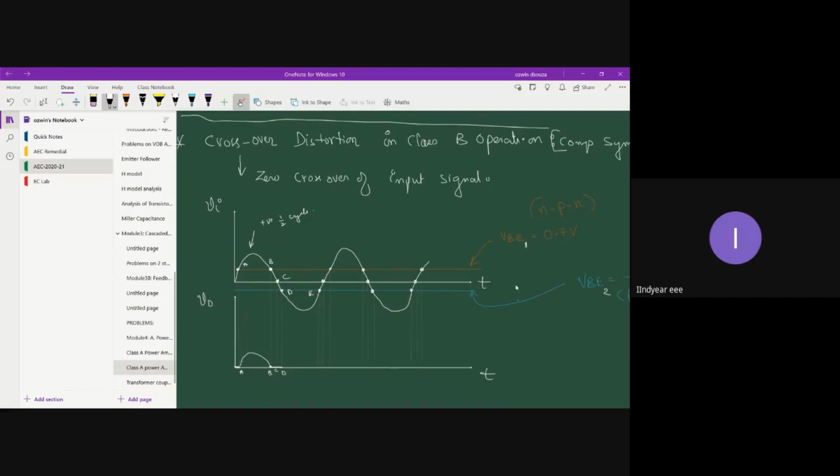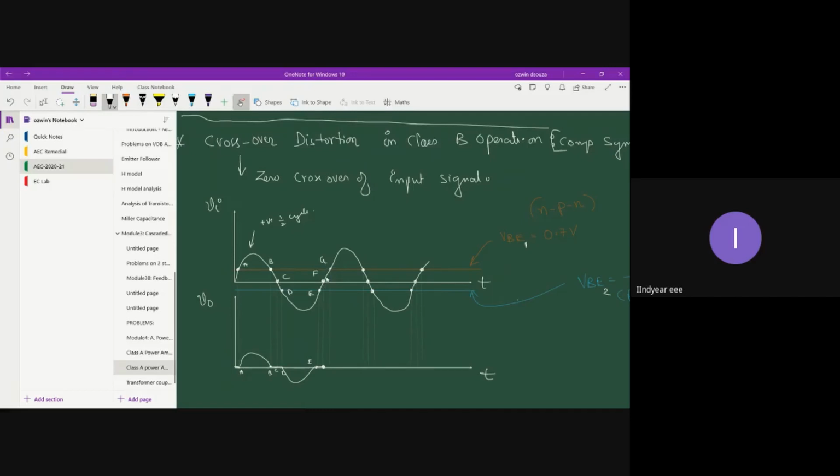The conduction of transistor Q2 takes place. There will be a negative pulse. And similarly, between the interval E to F, the input is less than VBE2, hence the transistor gets into off state. And in the next positive half cycle, when your input is less than VBE1, the transistor again gets into off mode.